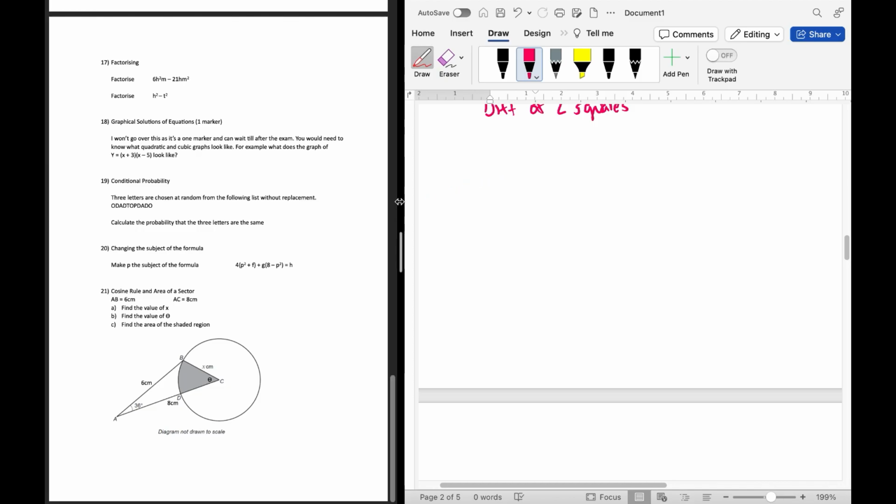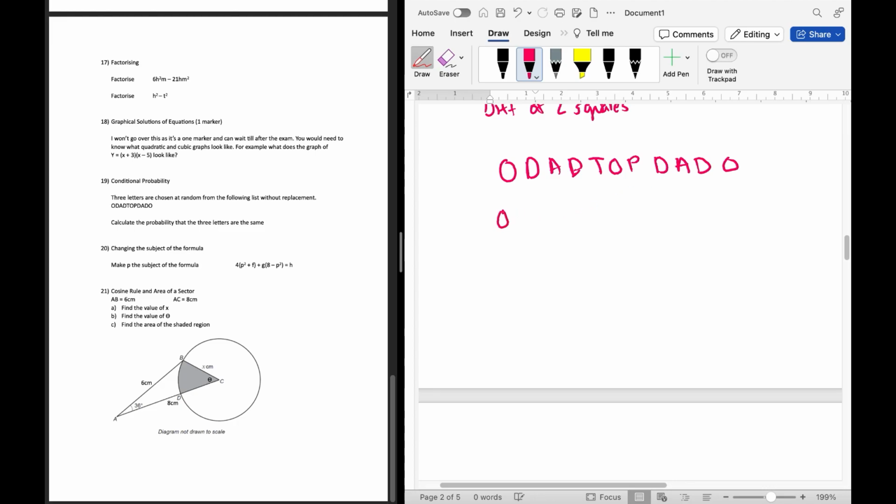I'm going to take 3 letters from these letters. Right, I'm going to take 3 letters from there without replacing them, and I want the probability that the letters are the same. The only letters that I've got that are enough of them to take 3 of them are either O's or D's.